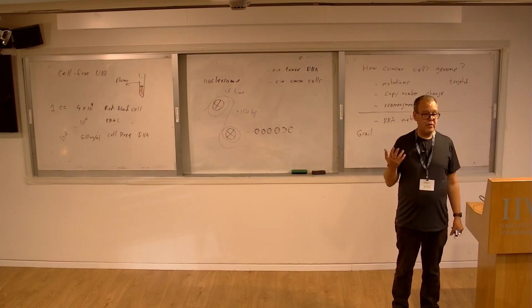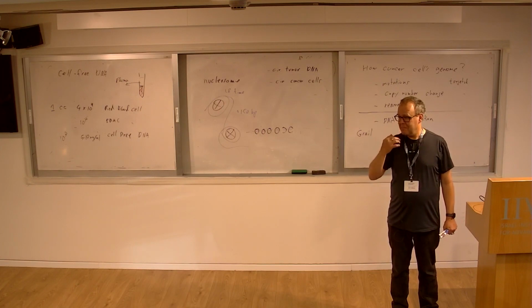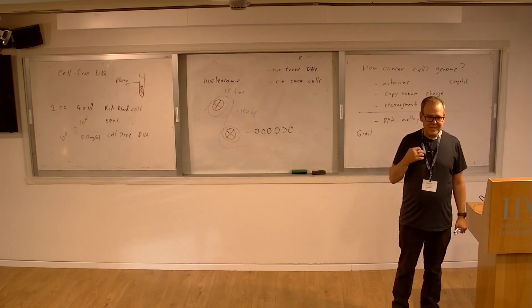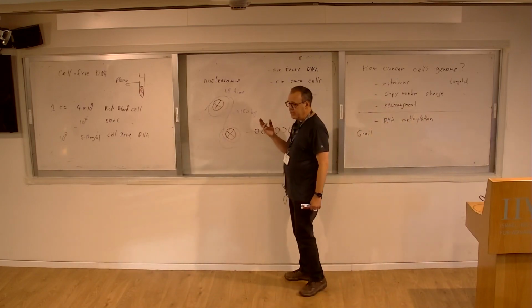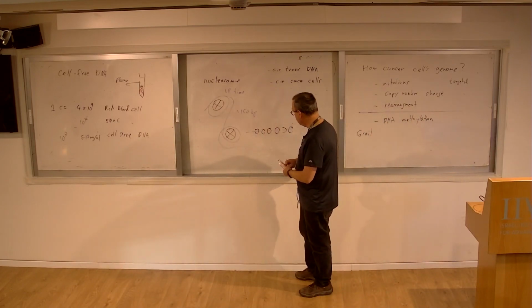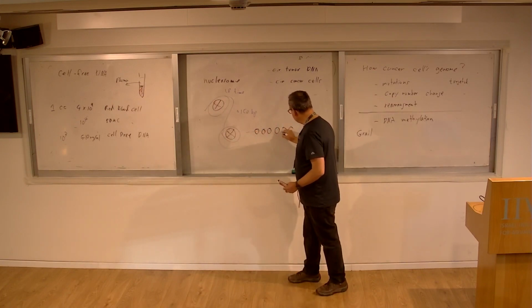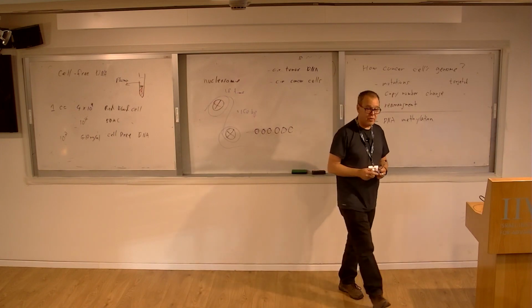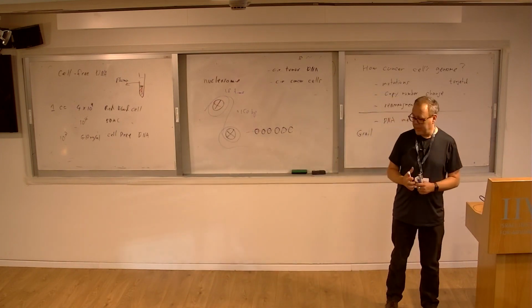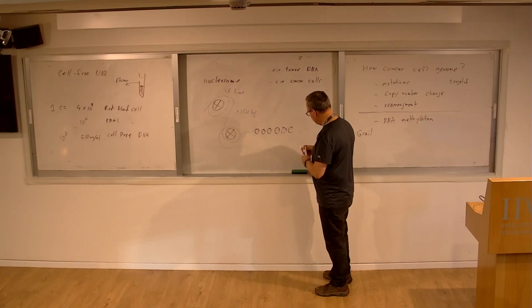Is that useful information? Well, not yet. Okay, so the thing I didn't tell you is that when we have these nucleosomes in the genome, they don't interfere only with the DNA, they also interfere with other processes that happen with the DNA.